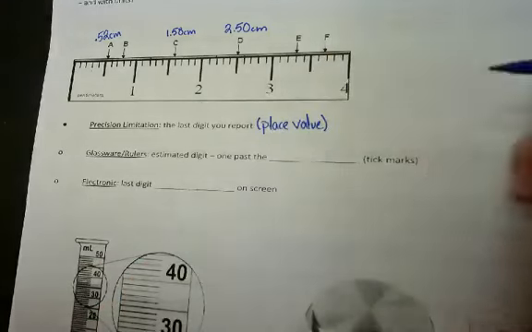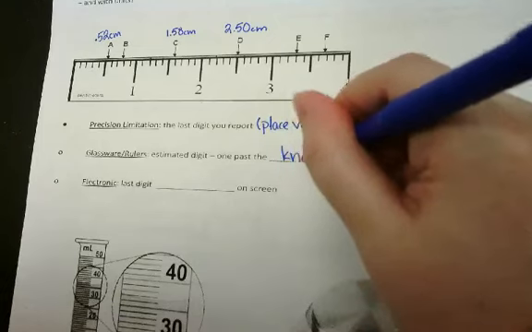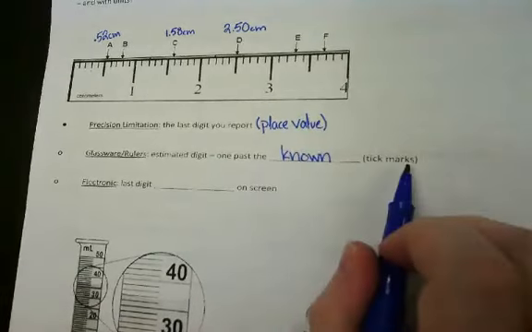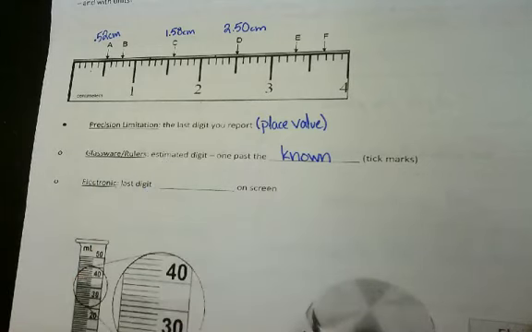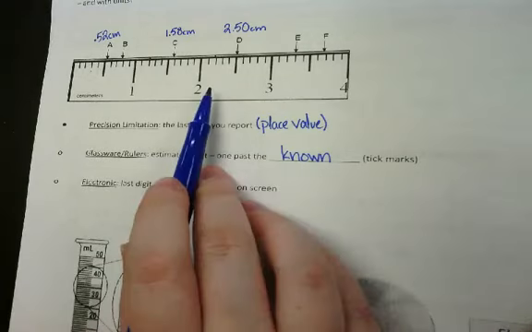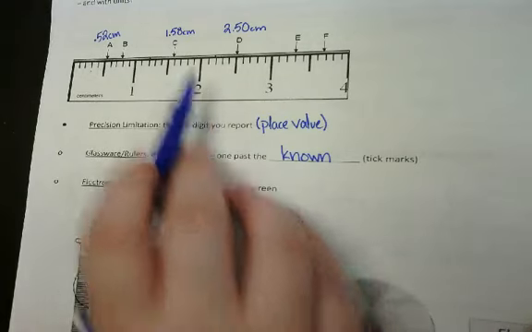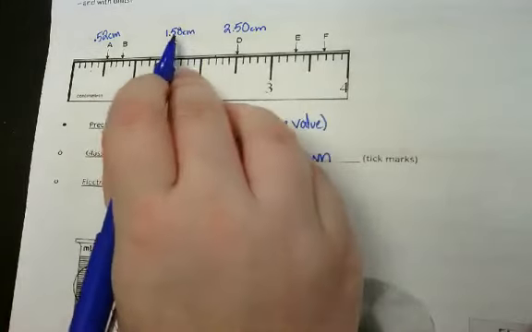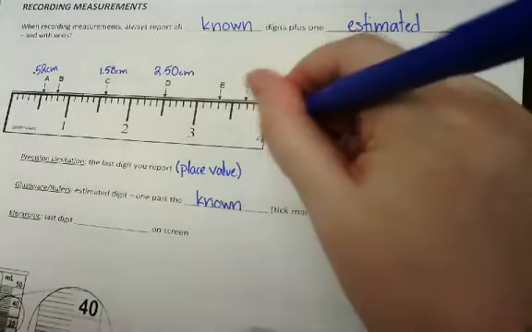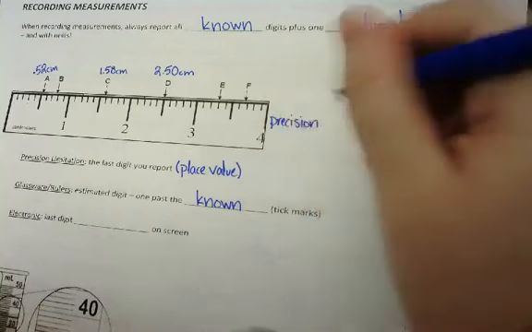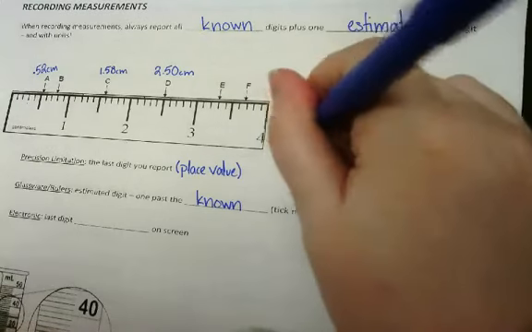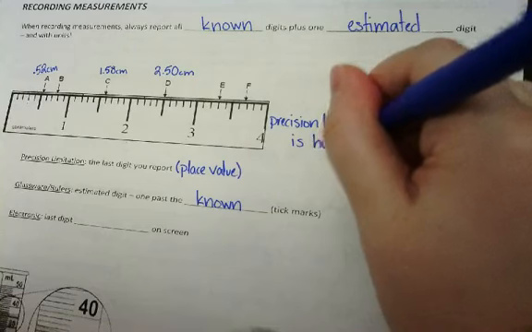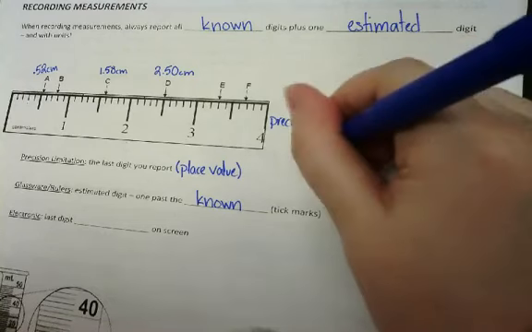Reminder, your estimated digit is 1 past the known, or our tick marks. So whatever place value our estimated digit is in, that's your precision limitation. Like this ruler up here, our last digit we wrote, our estimated digit, is in the hundredths place. So the precision limitation of our ruler is the hundredths, because that's where my estimated digit is.